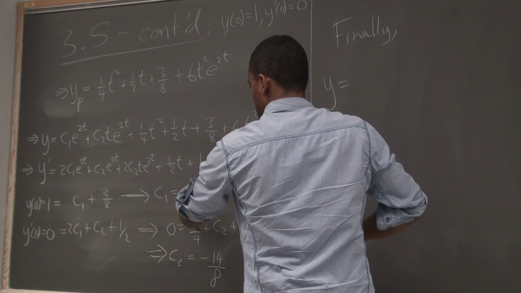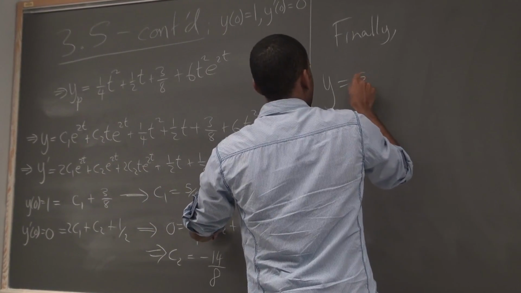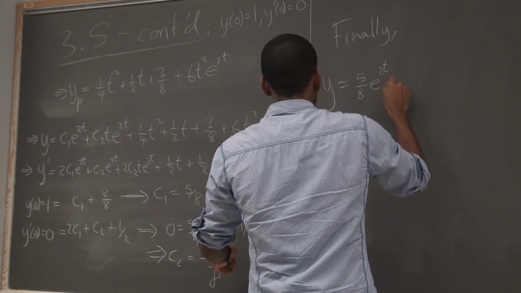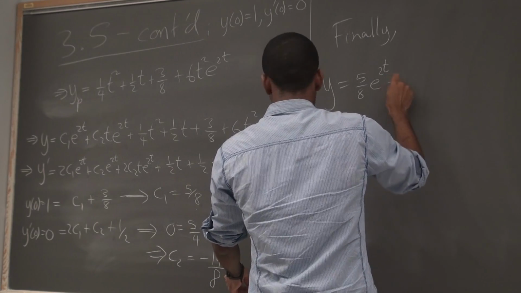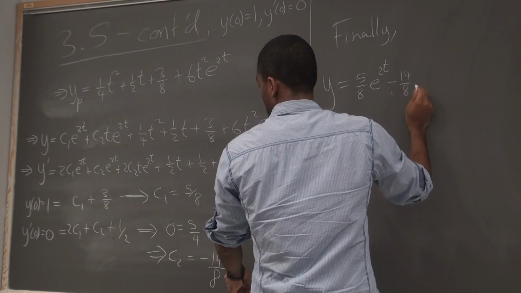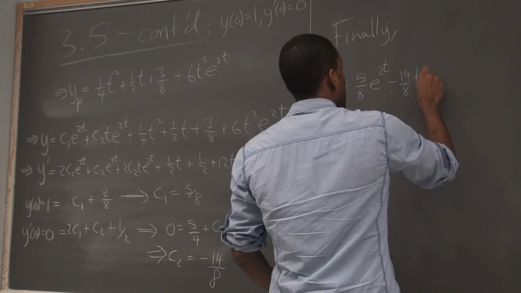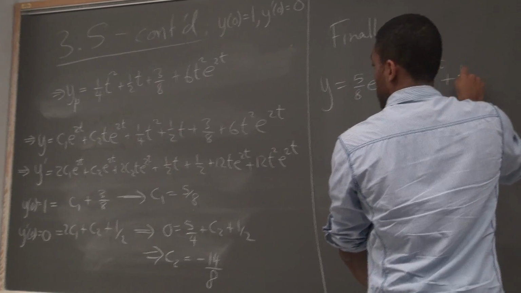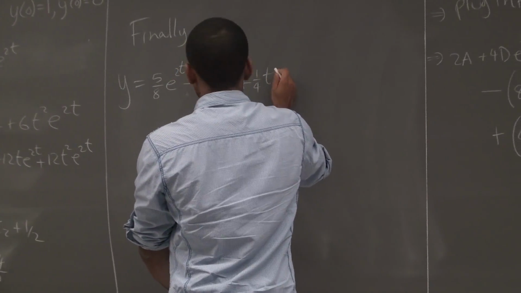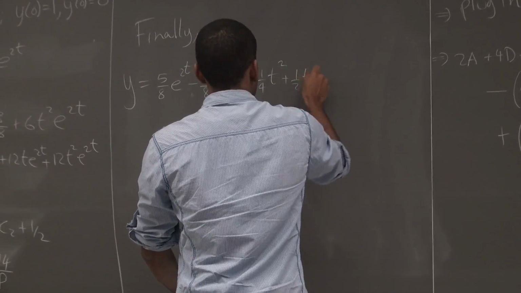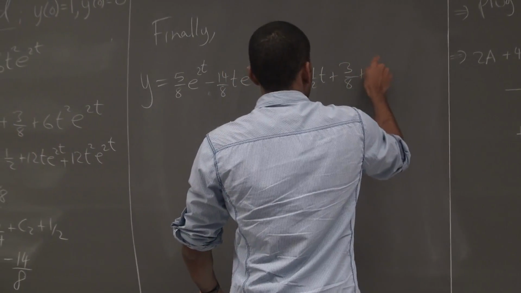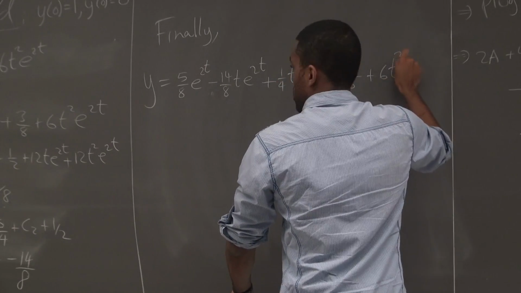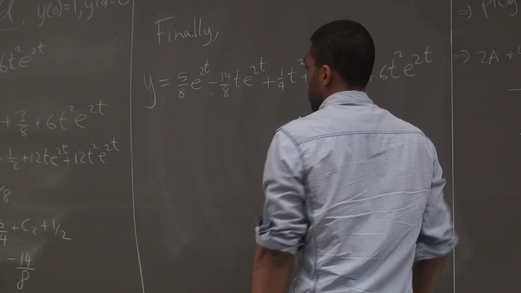C1 is 5/8. C2 is minus 14/8. And then the rest of it we just copy down. t squared plus 1/2 t plus 3/8 plus 6 t squared into 2t.